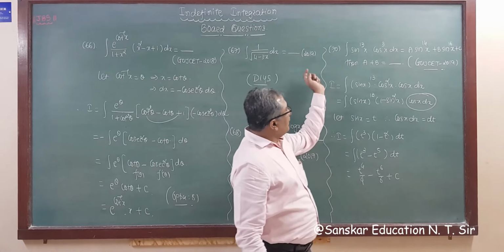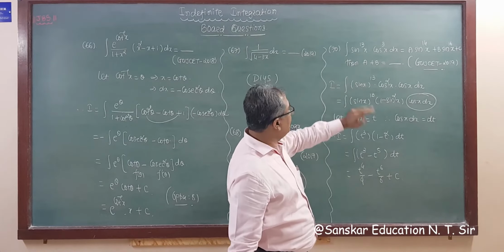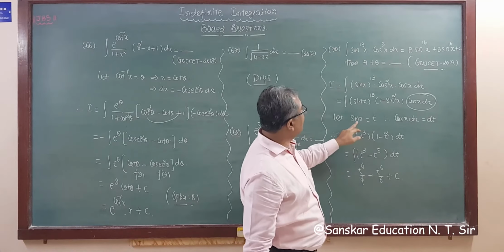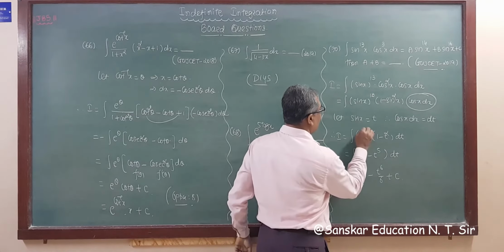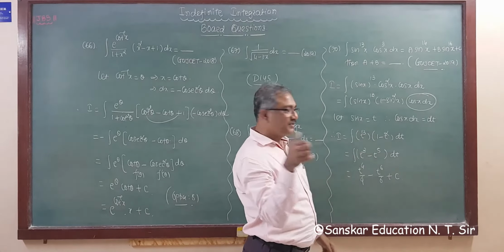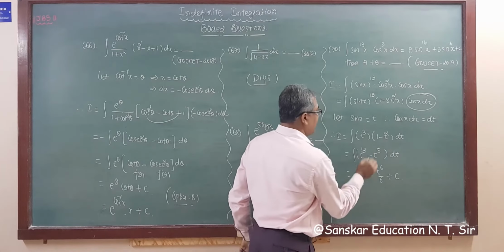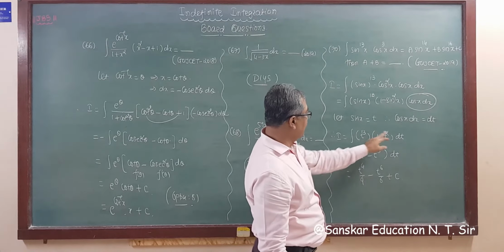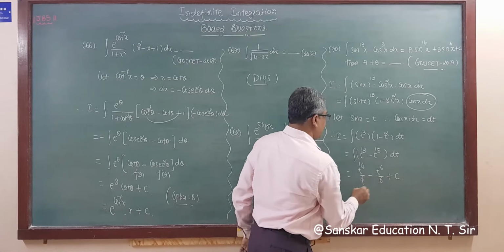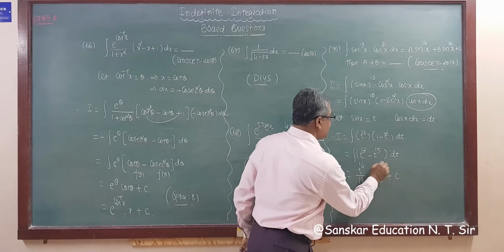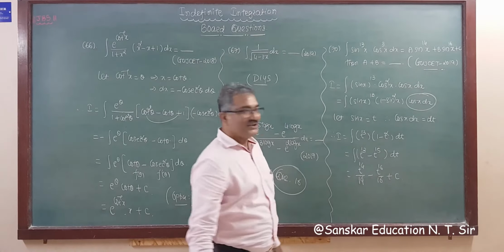And substituting the value of t, what is t? t is sine x. Oh no, here it is 13 and I was writing 3 only. So this is 13, and 13 plus 2 is 15, so this is t raised to 14 divided by 14 and t raised to 16 divided by 16, sorry.